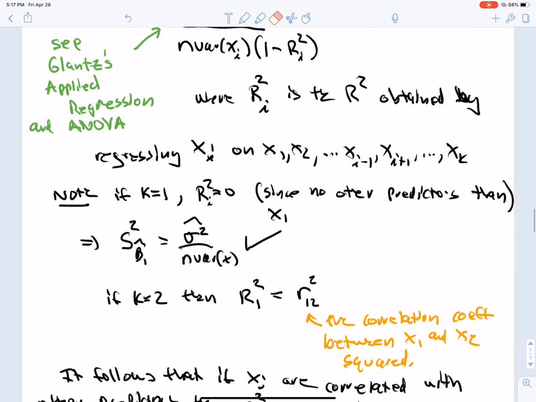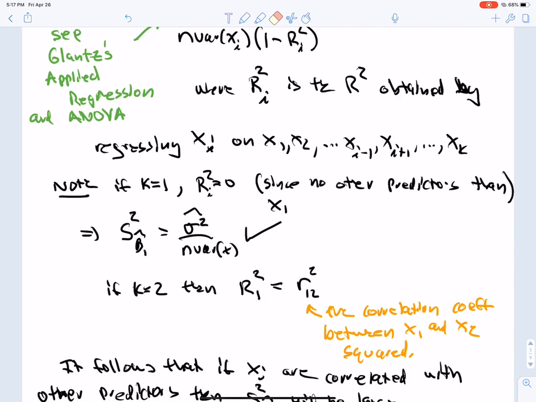As some examples, if k is 1, then R1 squared would be 0, since there are no other predictors than x1.